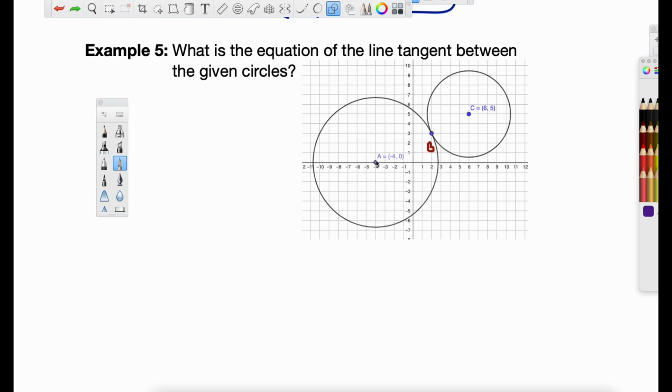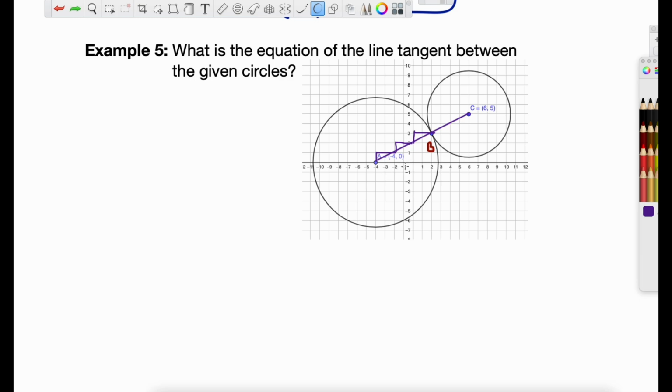So we could prove that these points are collinear by using distance formula and showing that AB plus BC equals AC. But for this problem, I think we can see that we have a certain rise over run here. We're rising 1 and running 2 along this segment, and the whole way we're intersecting through these points A, B, and C.